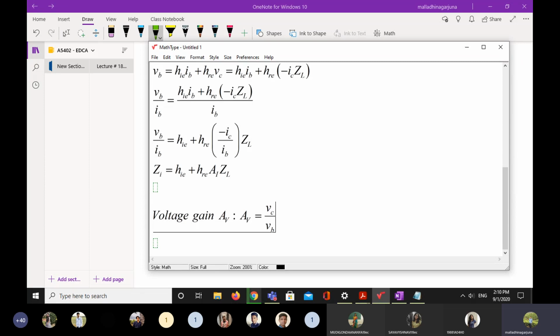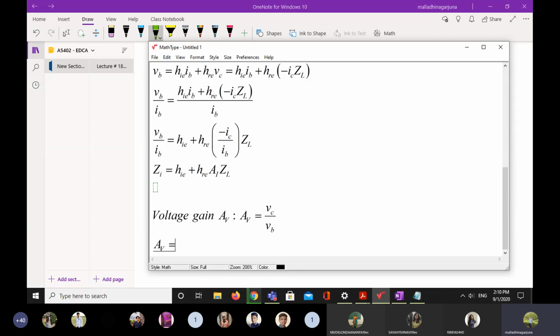What is the output voltage? VC. Input voltage is VB. Collector voltage by base voltage. Anyway, you know the input impedance value and the current gain value.